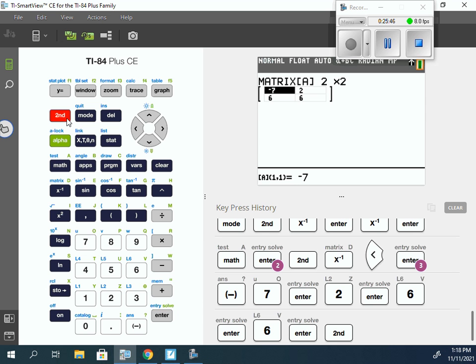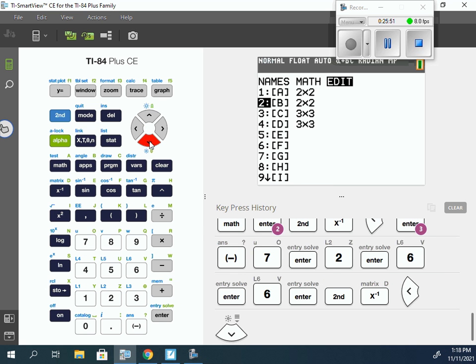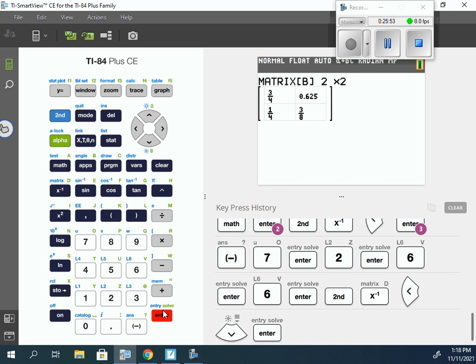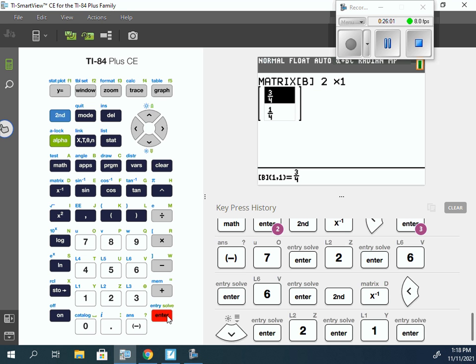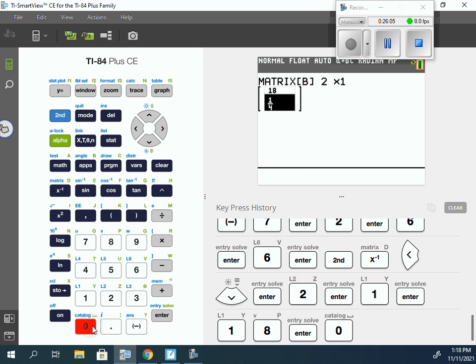Now what we can do is go second matrix, edit B, and matrix B is a what? 2 by 1. And it is 18 and 0. Any questions on this so far?